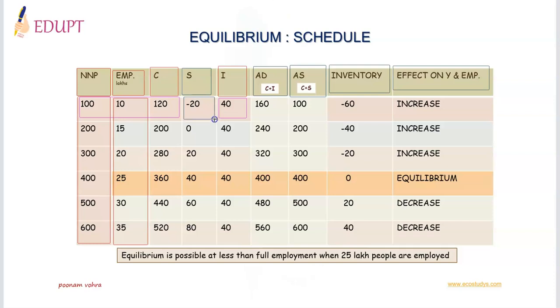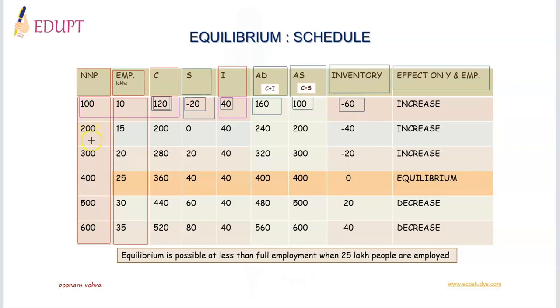So one can find aggregate demand C plus I, that is 120 plus 40, 160. One can find aggregate supply C plus S, 120 plus minus 20, which is 100. So inventory is less, that is aggregate supply is less than the aggregate demand. So inventory is minus 60.